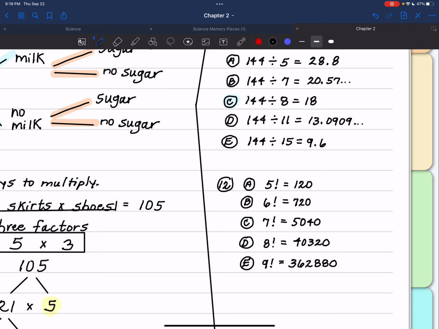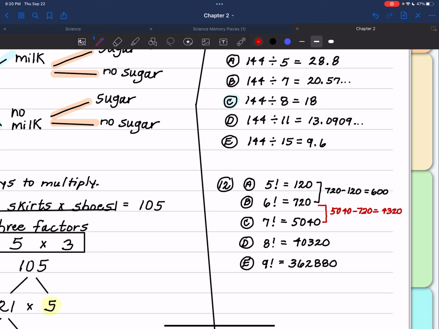So I'm going to look at the differences here. 720 minus 120 is 600. I like that. 5040 minus 720 is way too big. 4320.